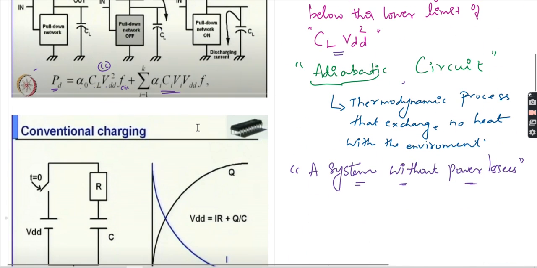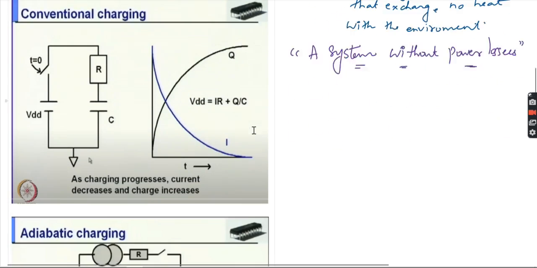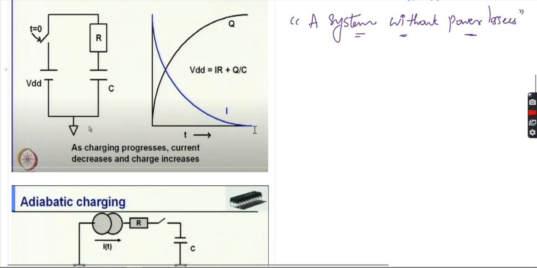Now, let us go for a simple thing: conventional charging. Let us see conventional charging with a simple example. The diagram is just a resistor, then one capacitor connected to VSS.